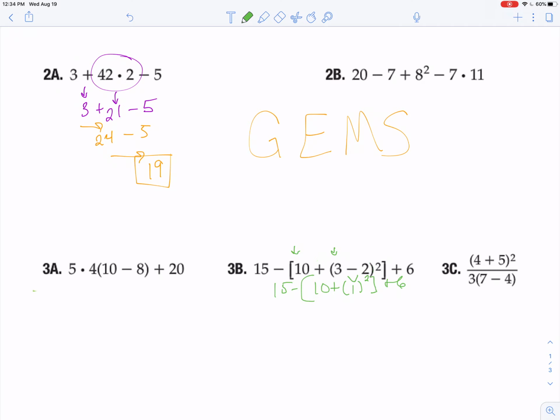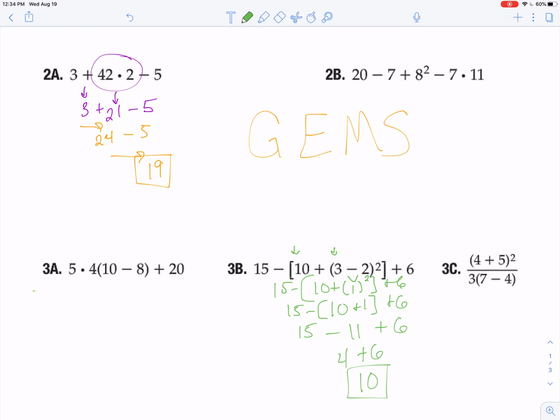And 1 squared is 1. 10 plus 1 would be the next thing inside the brackets, and that would be 11. And since that's everything inside the brackets, I don't have to write that anymore. Now I'm just going to do my addition and subtraction, working left to right. So 15 minus 11 is 4, and 4 plus 6 is 10.